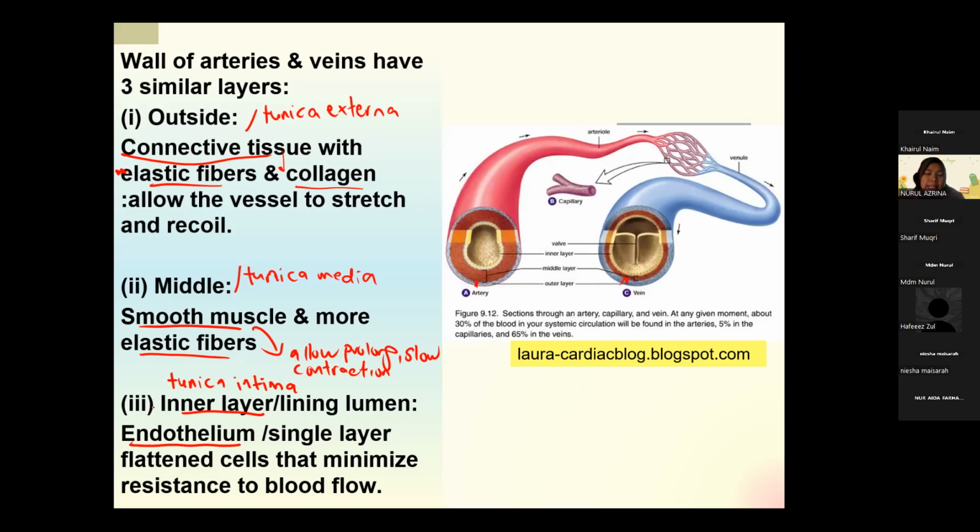Endothelium is a single layer of flattened cells that helps to minimize resistance for the blood to flow. So that is why blood can flow efficiently. Or in other words, it helps to reduce friction for the blood to flow.